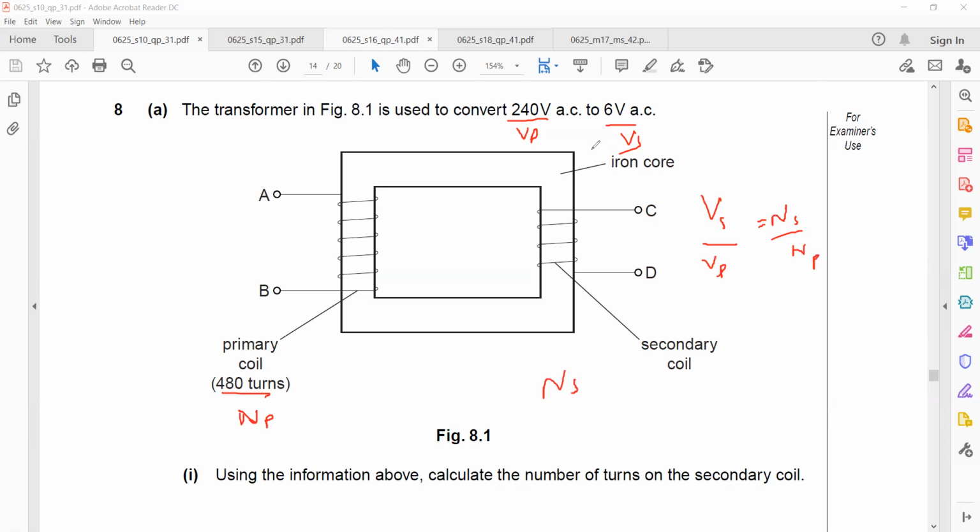Voltage of secondary is how much? It's 6. Voltage of primary is 240. Number of turns of secondary we don't know. Number of turns of primary is 480. So 6 multiplied by 480 divided by 240. When you solve, this will be 2. So 2 multiplied by 6 is equal to 12. So NS is equal to 12 turns.